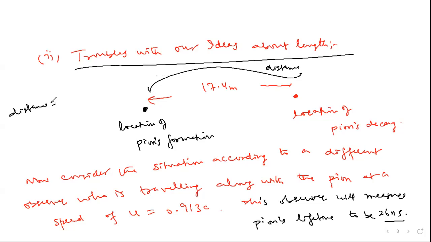This will be speed times time. Speed is 0.913 c, and you multiply this by 26 nanoseconds, what you get is 7.1 meters.